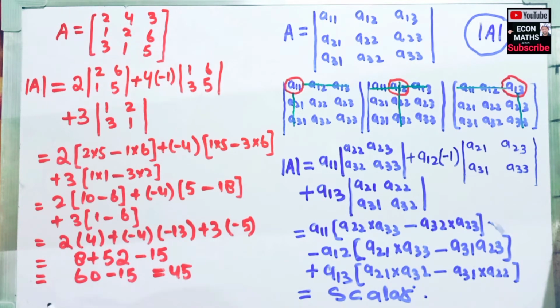Now since A, the determinant of this matrix, is equal to 45, which is not equal to 0, this implies A is non-singular.